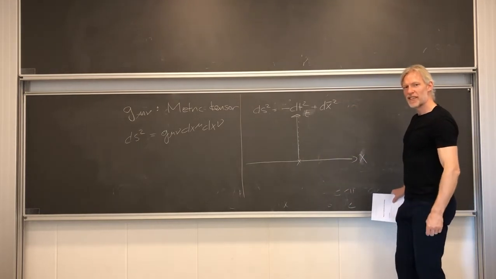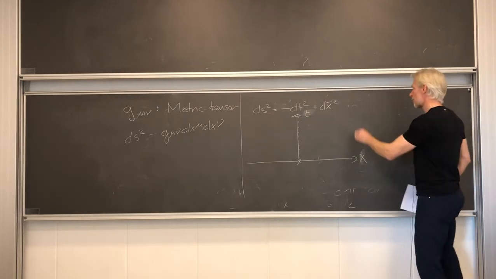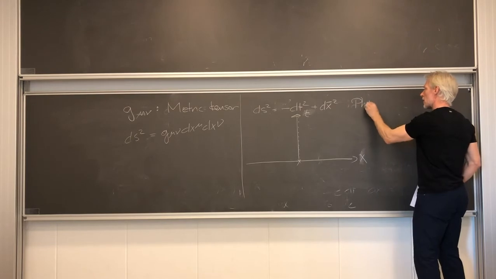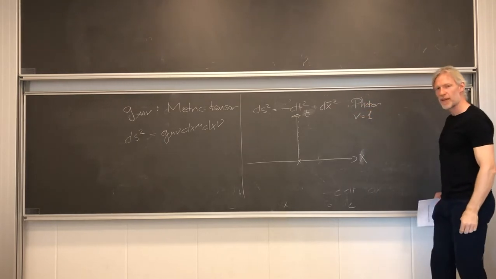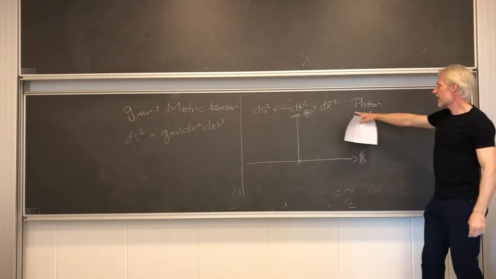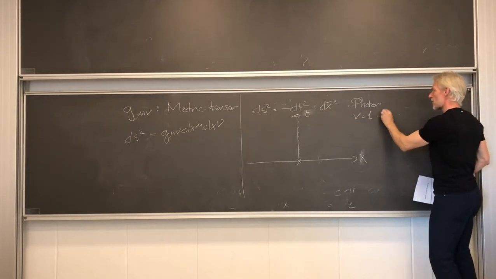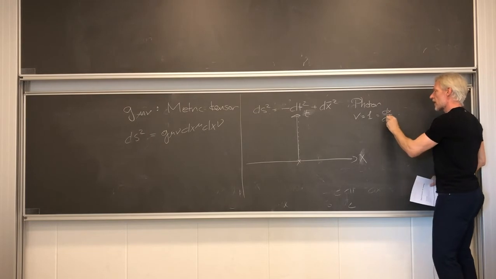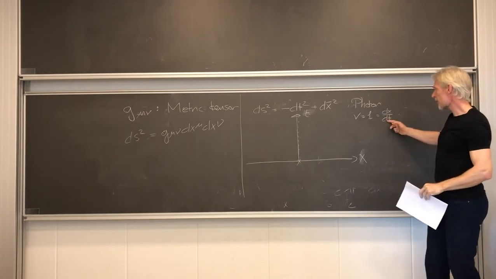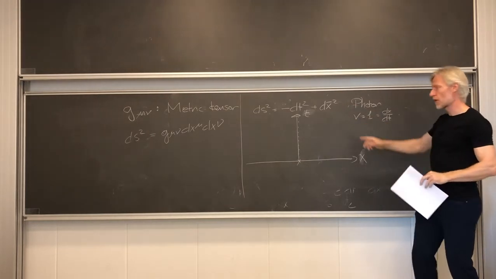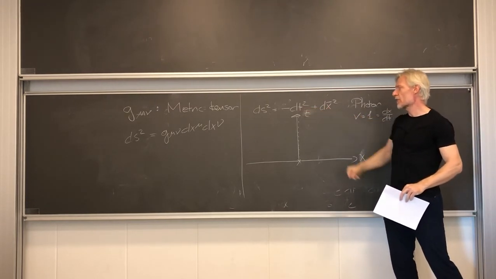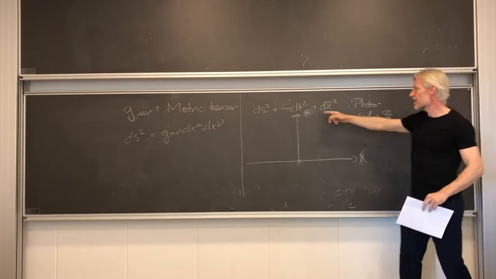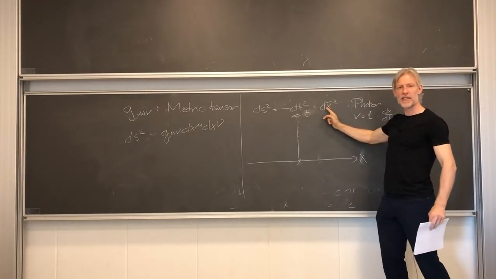If I, for example, look at a photon that propagates with the velocity of light, the velocity of light is equal to 1 in my system of units, and this, of course, I could also write as dx by dt. So very clearly you can see that the dx squared and the dt squared are identical, and that means that the sum here is always 0.